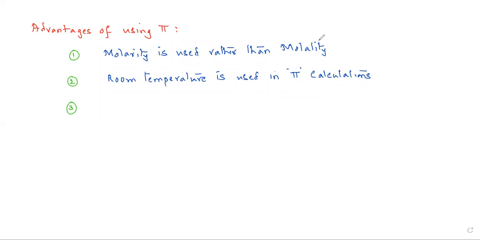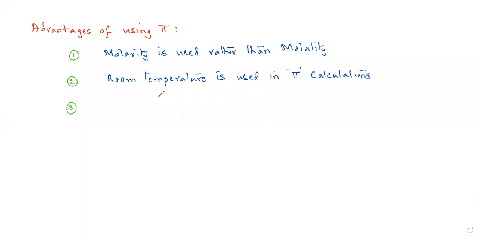The last very important point is the magnitude of the colligative property. The magnitude of the colligative property in the case of osmotic pressure will be a significant, considerable value, obtained even with very dilute solution.